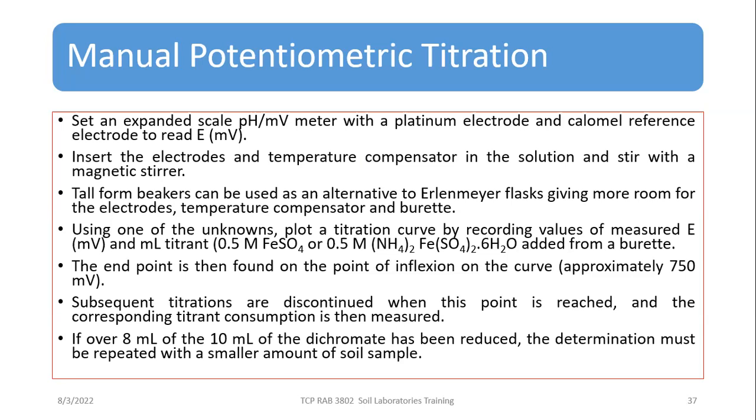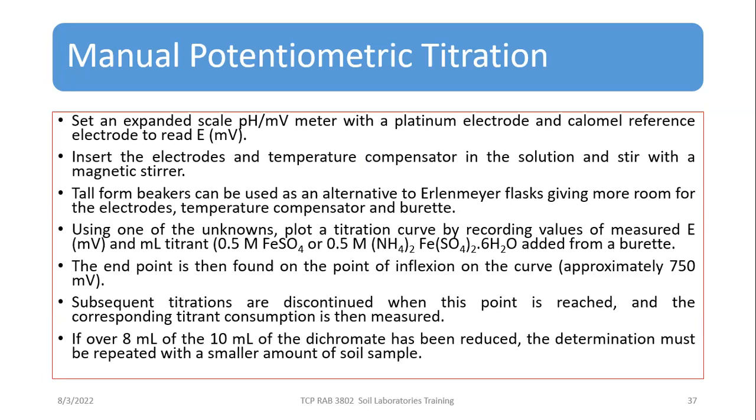Insert the electrode and temperature compensator in the solution and stir with a magnetic stirrer. Tall form beakers can be used as an alternative to Erlenmeyer flasks, giving more room for the electrode, temperature compensator and burette. Using one of the unknowns, plot a titration curve by recording the values of measured electricity in microvolts and milliliters of ferrous sulfate or ferrous ammonium sulfate titrant added from the burette.